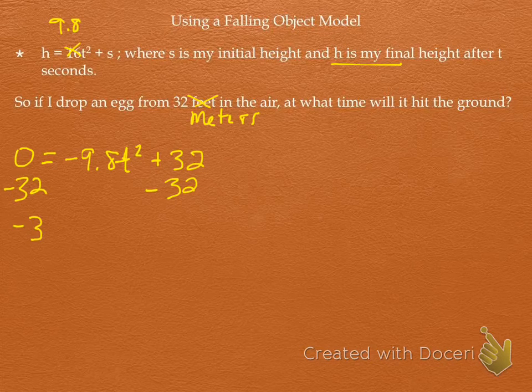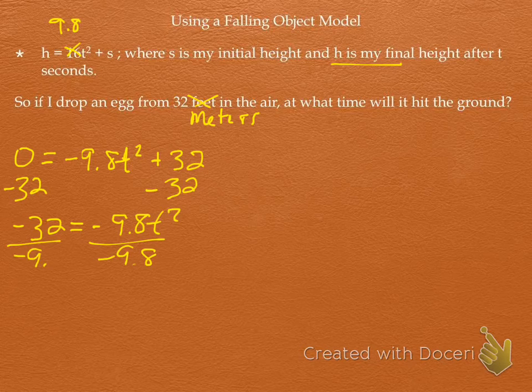So you get negative 32 is equal to negative 9.8 t squared. Divide both sides by negative 9.8. And so negative 32 divided by negative 9.8 is equal to, we'll round that up to 3.3, t squared. And then take the square root.